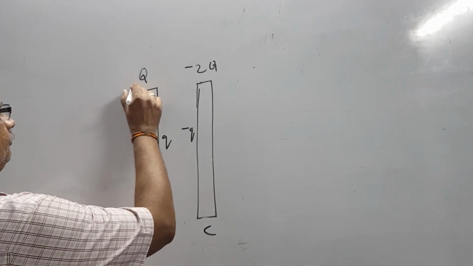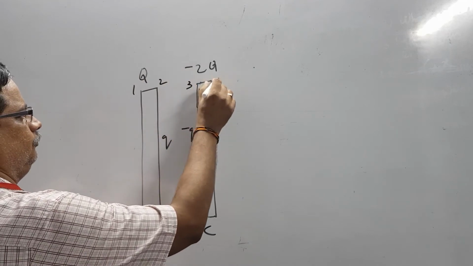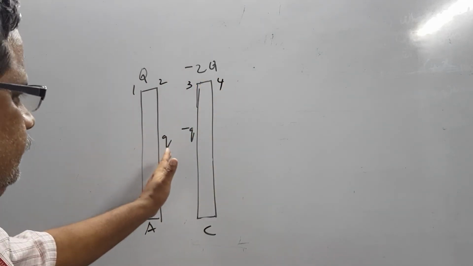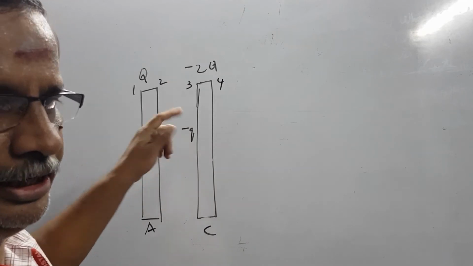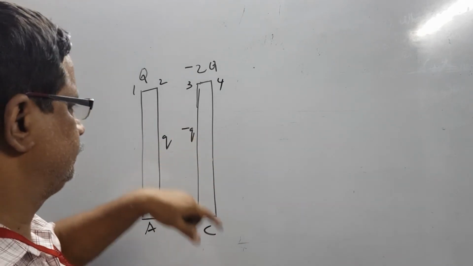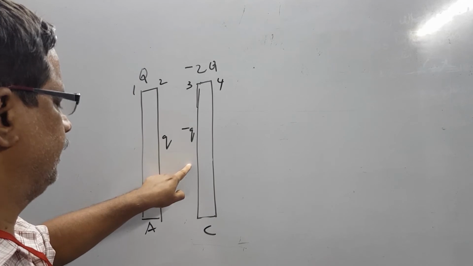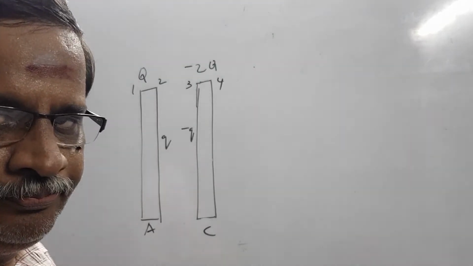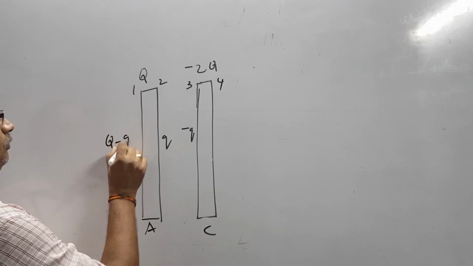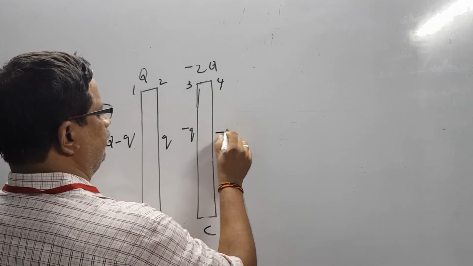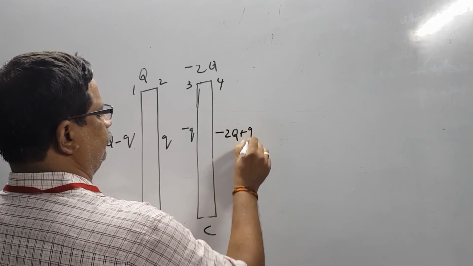We will call these sides 1, 2, 3, 4. On side 2, I have marked the charge appearing as q. Then, according to what we have seen just now, the charge appearing on side 3 should be minus q. Now, if this is q, according to the conservation of charge, this should be minus q, and this should be minus 2q plus q.